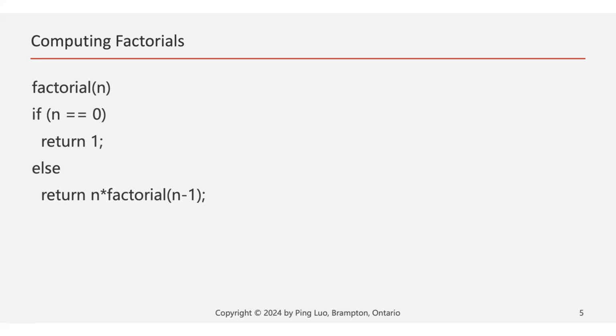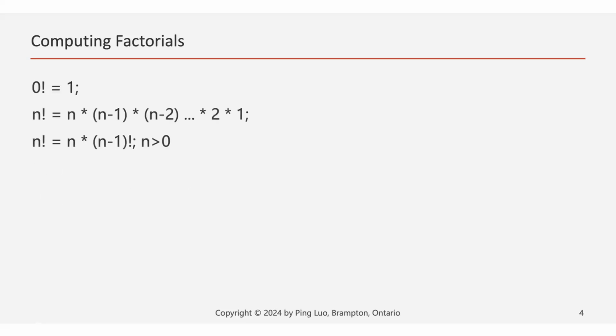So if n equals 0, the result is 1. Else, return n multiplied by factorial of n minus 1. It's just a function that calls itself.